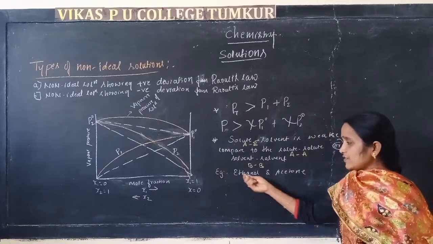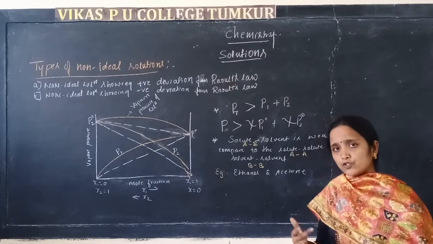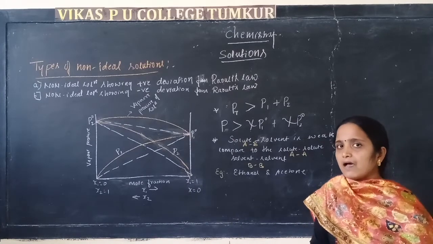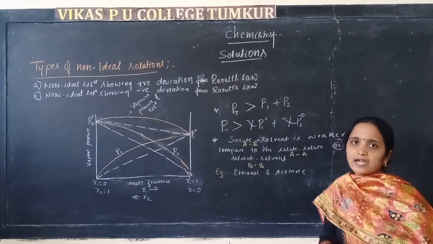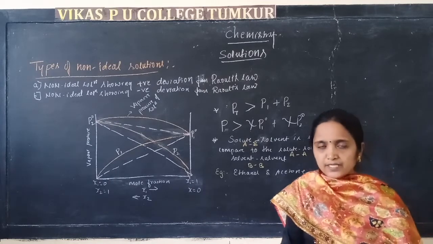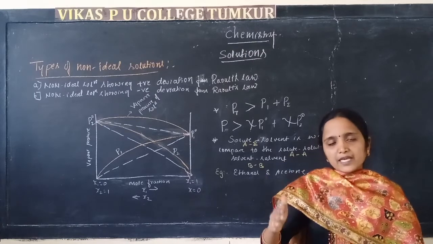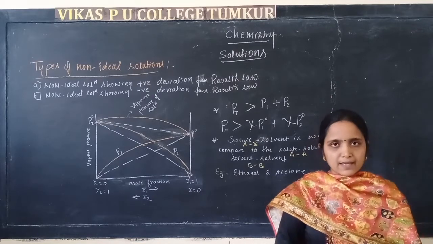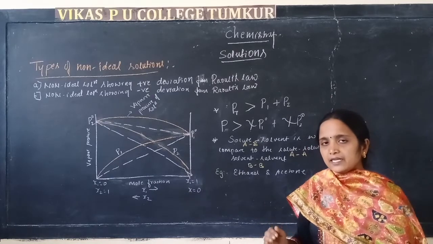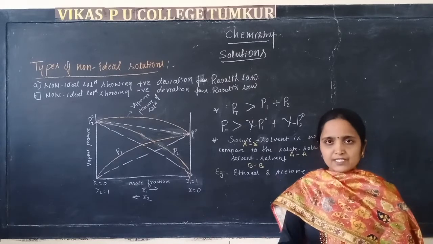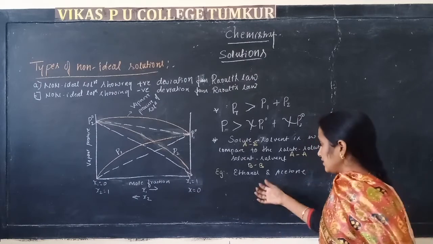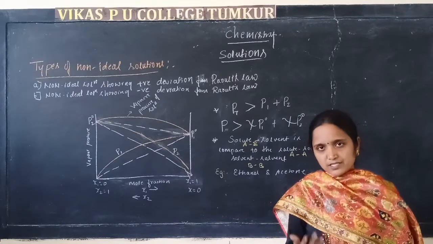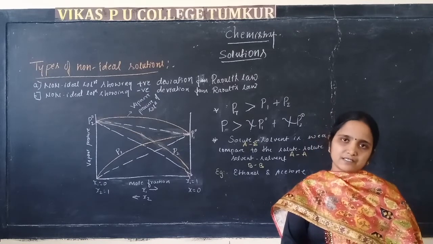First we took ethanol. In ethanol there is hydrogen bonding, and because of that hydrogen bonding the escaping capacity is less. Then we add acetone. When acetone is added to the ethanol, it breaks the hydrogen bonds in the ethanol. When they are broken, the escaping capacity of the molecules increases, and therefore the vapor pressure increases.